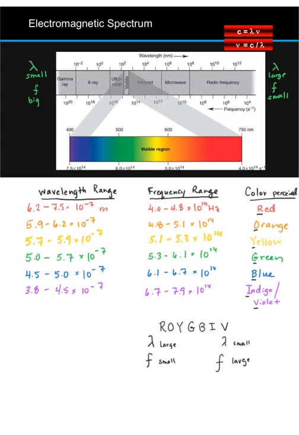Because energy is equal to frequency times a constant value, when frequency is large, so too is energy. So on the gamma ray extreme of this electromagnetic spectrum, energy is big when frequency is big. And at the opposite extreme, when frequency is small, energy is likewise small.